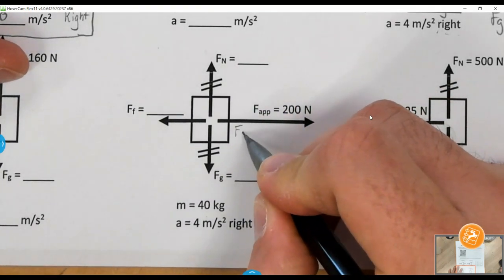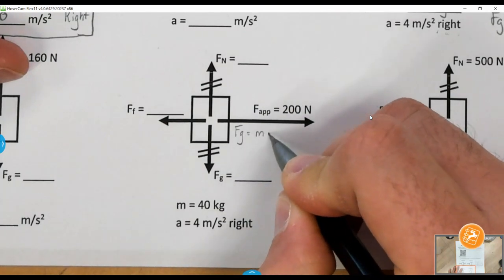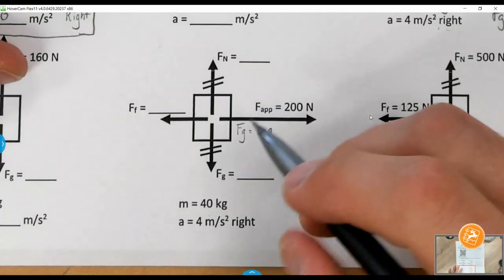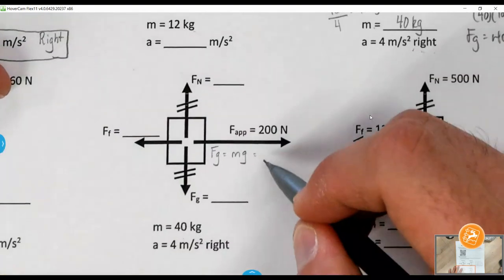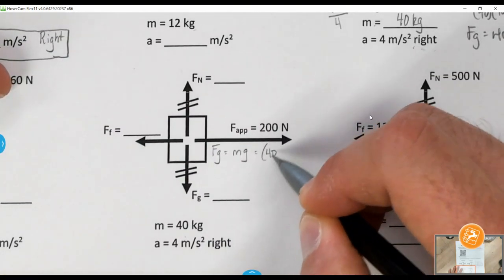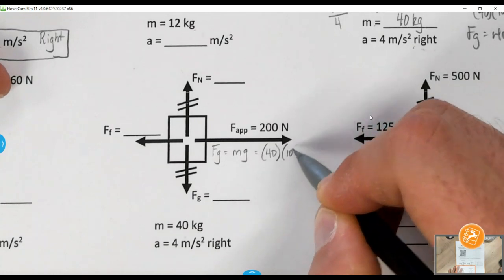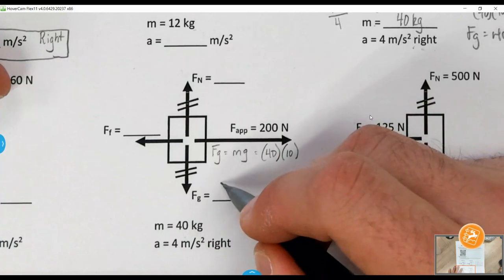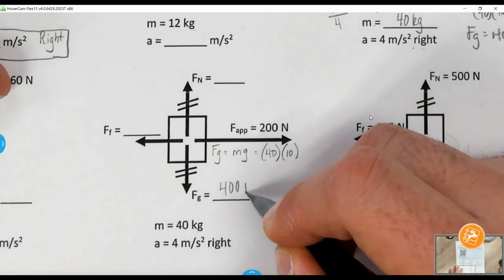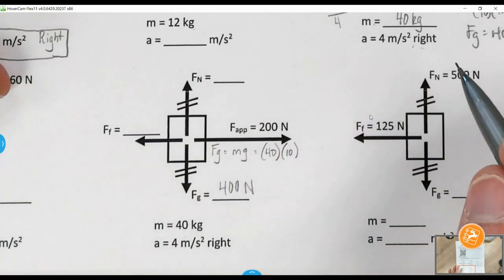The equation for Fg is mass times gravity. We're using 10 for G, so if the mass is 40 and gravity is 10, that gives us 40 times 10, 400 newtons.